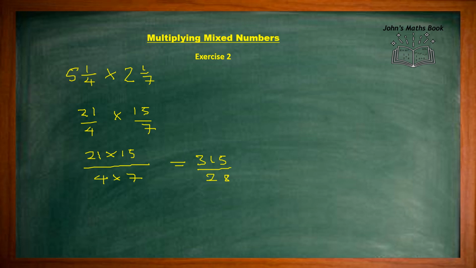To get the integer part, how many times does 28 go into 315 exactly? It goes in 11 times exactly with a remainder of 7. So remainder 7 over 28. So it's 11 and 7/28.